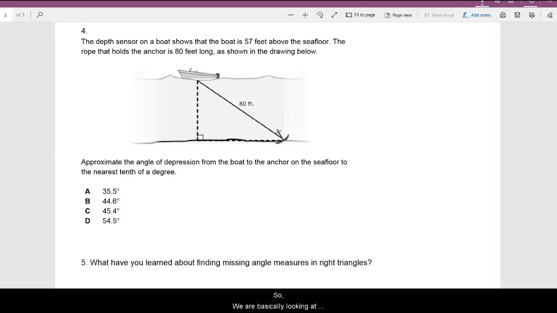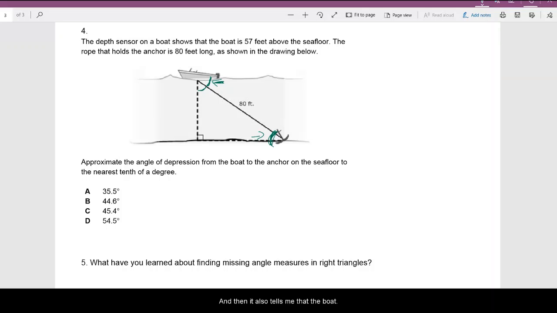So we are basically looking at this angle because it's the anchor and the sea floor. Also, we know that this angle and this angle are complementary, so that this angle right here, the boat to the rope, is equal to the anchor to the ground, okay? Because we're pretending that the water is parallel to the ground.